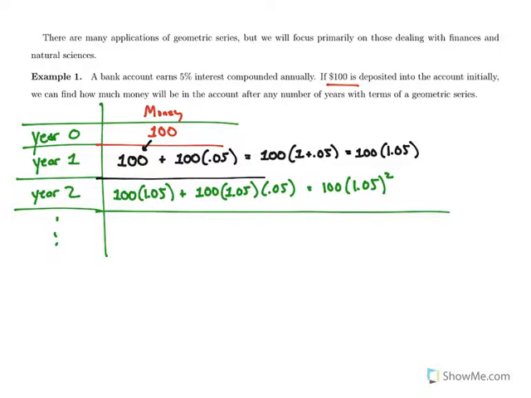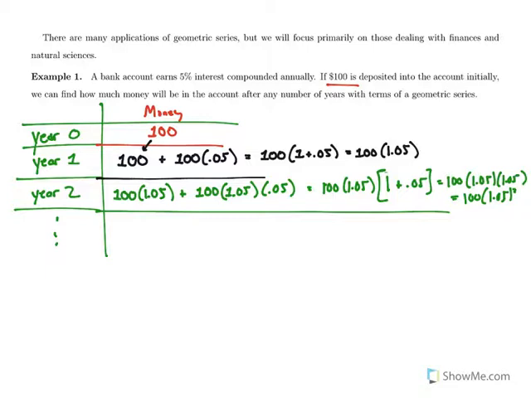If we do the algebra on that real quick, if we factor out a 100 times 1.05, we're left with 1 plus 0.05, or 100 times 1.05 times 1.05, which is 100 times 1.05 squared.